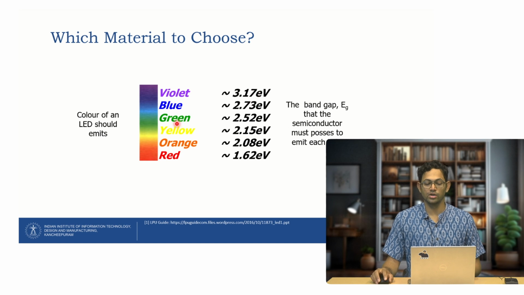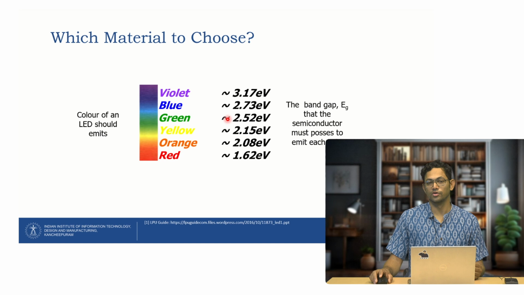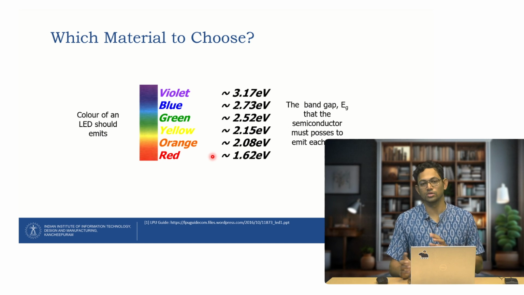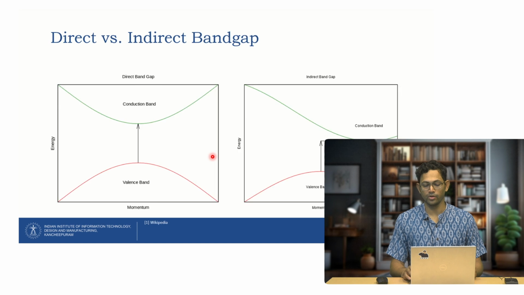Green is given by a wavelength of 540 nanometers, but I can also say that green light has an energy of 2.52 eV. Similarly, red light has a wavelength of 650 nanometers, but I can also say that it has an energy of 1.62 eV. Both are interchangeable. We can use either eV or wavelength.